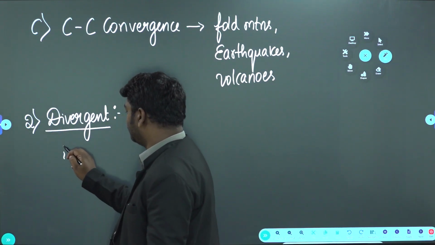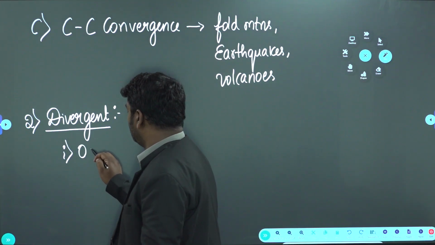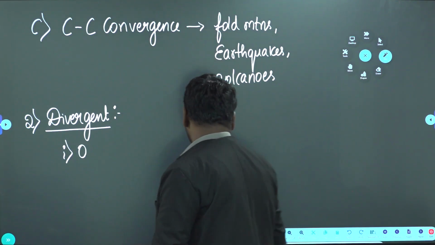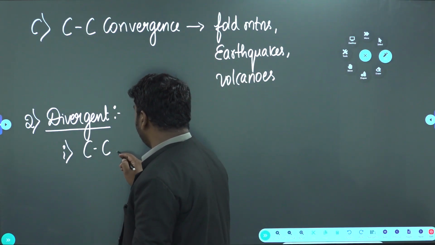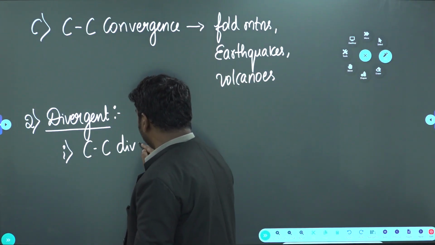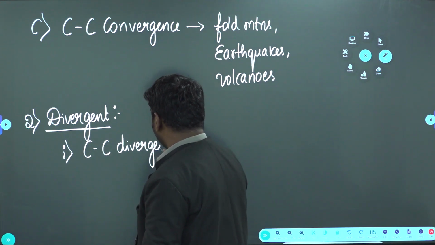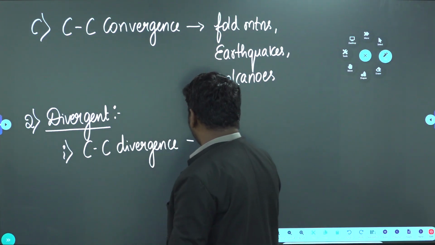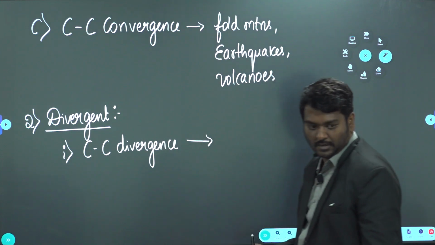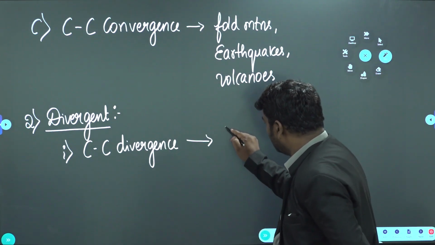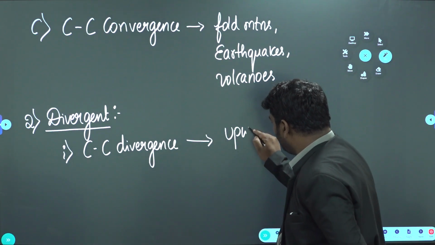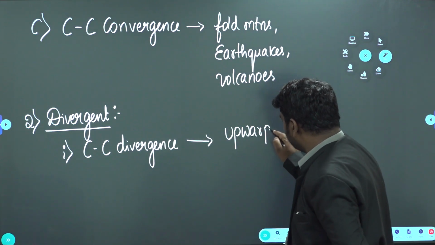divergent boundary. Continent divergence. What all will you get? First, you see, you will get upwarping.